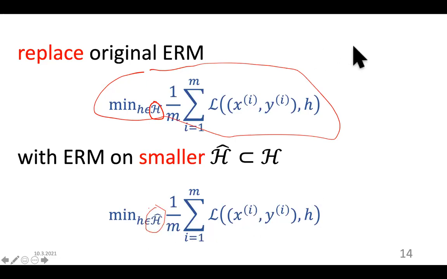So do you remember how we did this for model selection? When we considered linear predictors with many features, how did we make the hypothesis space smaller then?